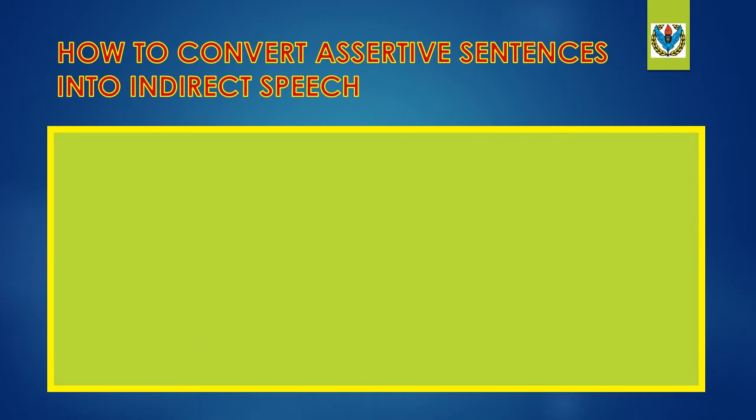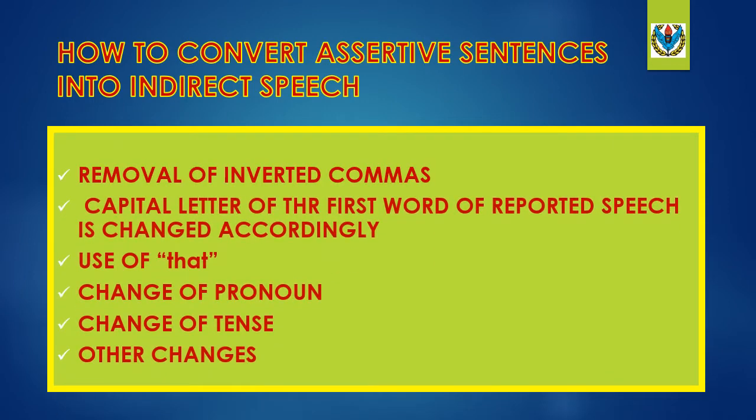In our previous session, we learned how to convert assertive sentences into indirect speech. We learned the following steps. For instance, removal of inverted commas, and the capital letter of the first word of the reported speech was changed accordingly.